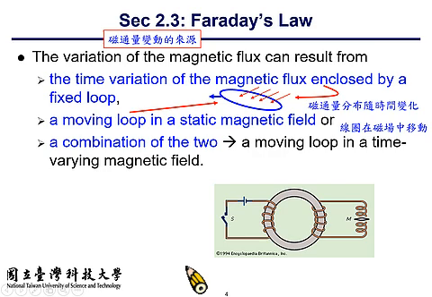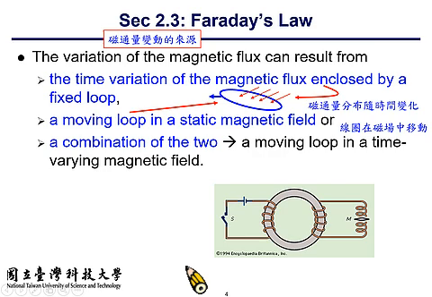causes, a few sources for time-varying magnetic flux. 时变的磁通量, time-varying magnetic flux, can be due to the time variation of magnetic flux enclosed by a fixed loop. It's a change of the magnetic flux density B as time changes. The second cause can be a moving loop in a static magnetic field.